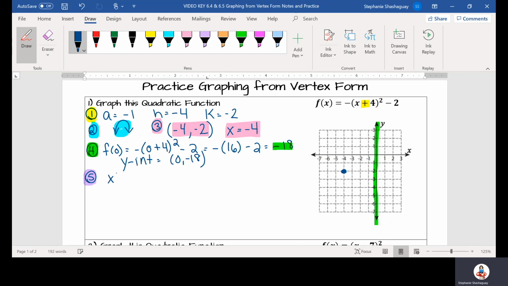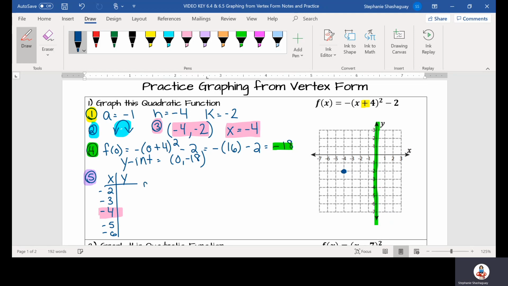Okay, so remember we have our x values and our y values. And because our parabola is going to be centered on -4, that's what we're going to put in our table first. So from -4, I can do -3 and -2. And I can list -5 and -6.